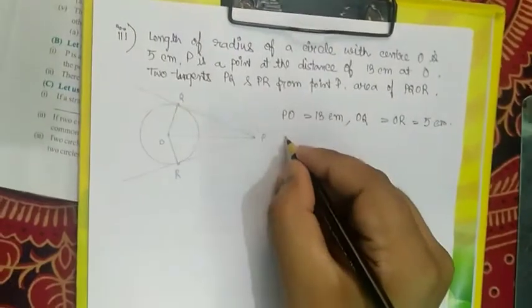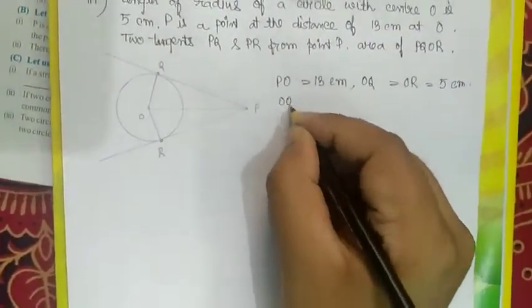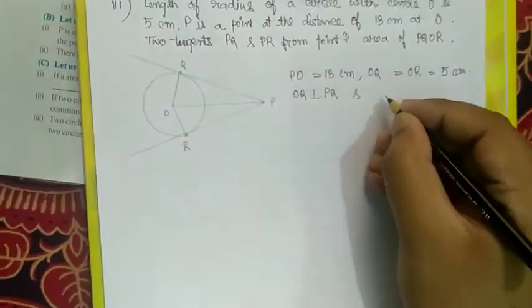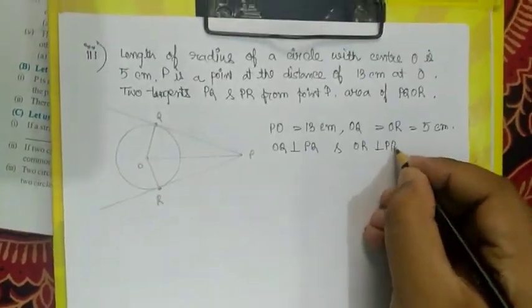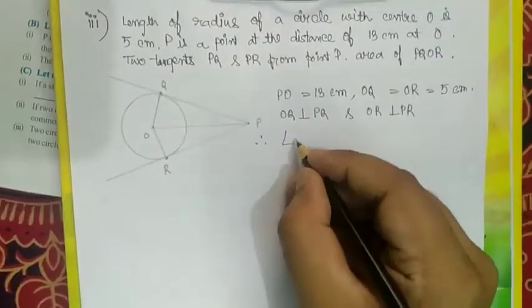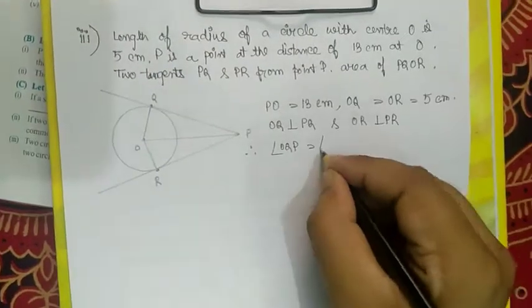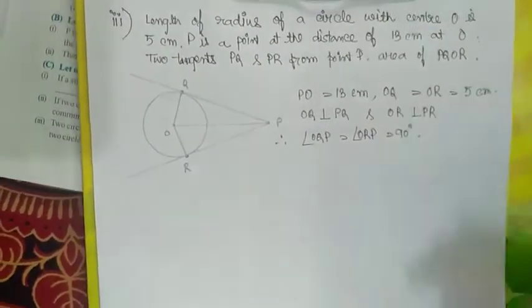So here we know our radius is always perpendicular to the tangent, so therefore OQ is perpendicular to PQ and OR perpendicular to PR. So therefore angle OQP, this angle, equals angle ORP, this angle, equals 90 degree.